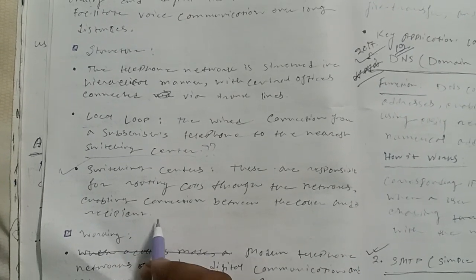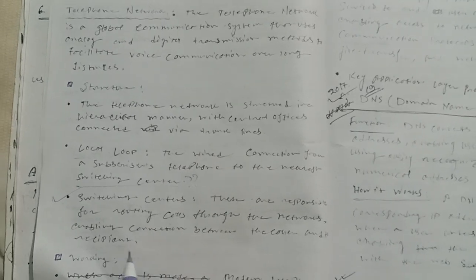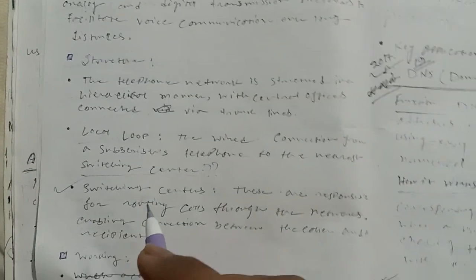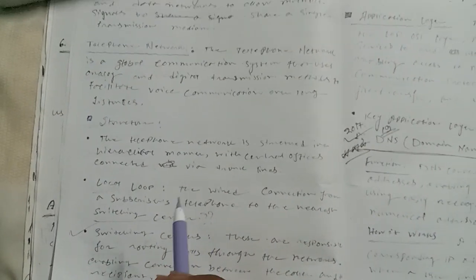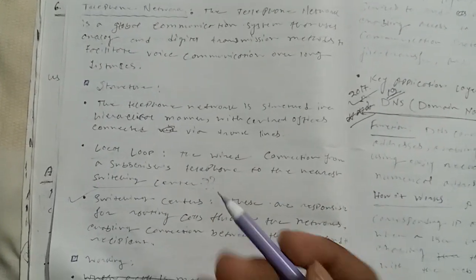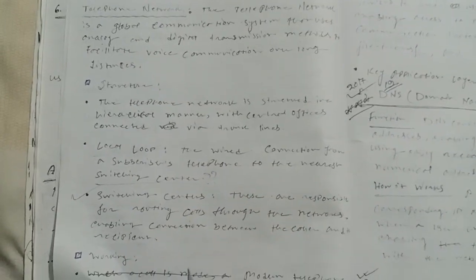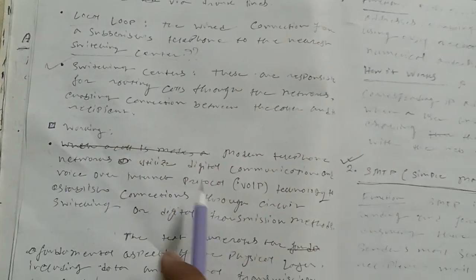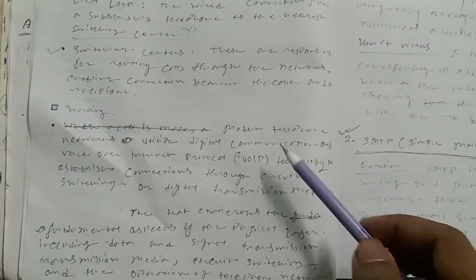So basically, this is the whole logic behind the telephone network, and I hope you understood how it works. We all make phone calls using this telephone network. Let's see the working once again. This is the last para of this chapter.